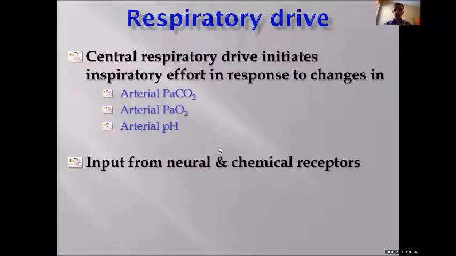The central respiratory drive is initiated by different triggering factors: the level of CO2, the level of O2, and pH changes. And the respiratory drive also gets neuronal and chemical input, getting messages from neuronal and chemical receptors.